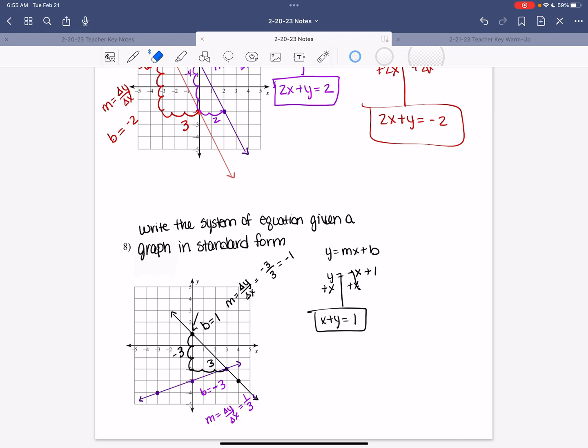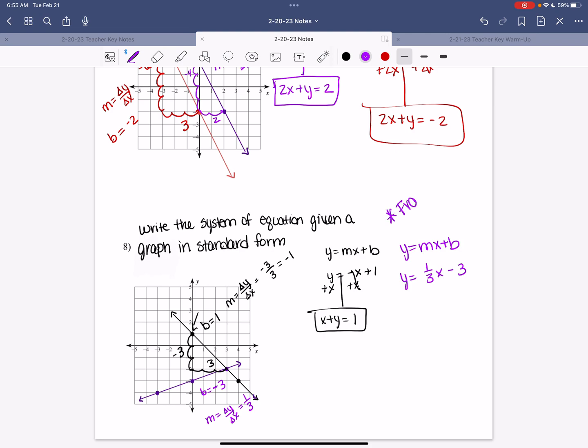So we talked about on the purple one that we wanted to get y equals mx plus b. We said that m was 1/3 x and b was -3. I told you just to add 1/3 to the other side. Again, this was my error.